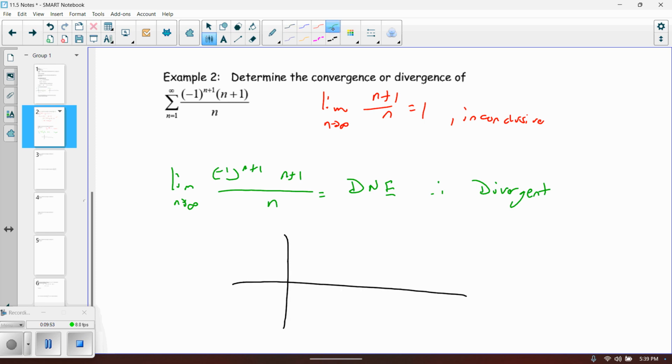What we've got is whatever this thing starts off as. Let's say you plug in a 1 here, you're going to get, what is that, 2 over 1, 2? So yeah, you get a 2. And then you'll get a number down here, which would be negative, and then a positive, and then a negative, and a positive.